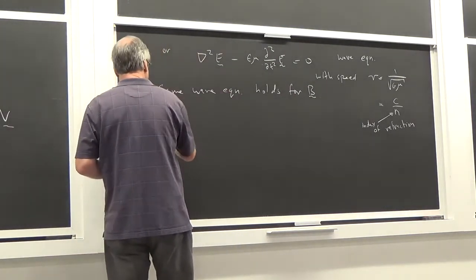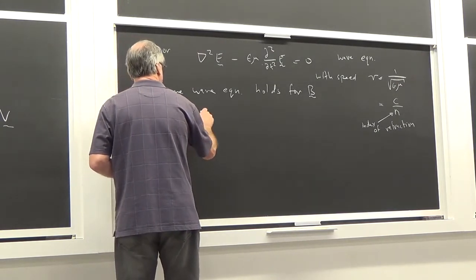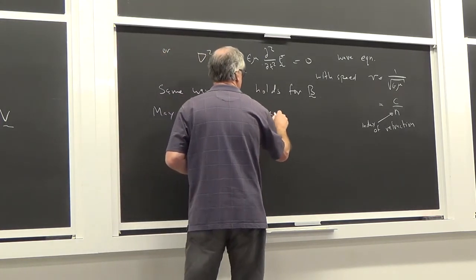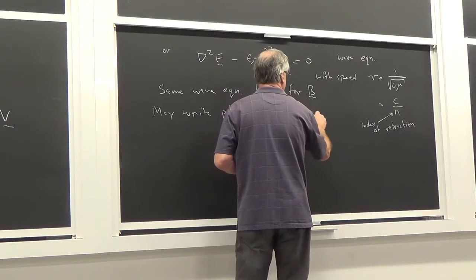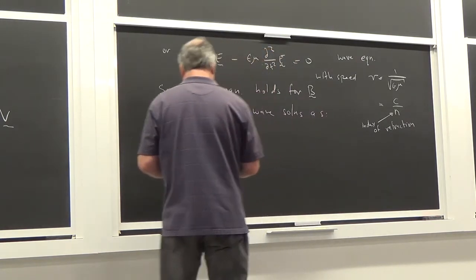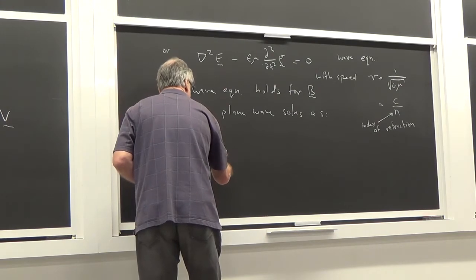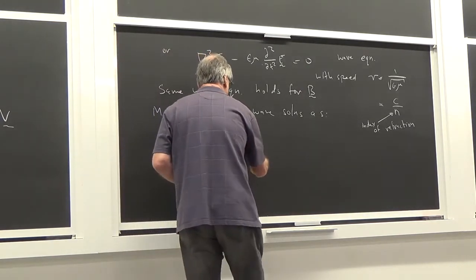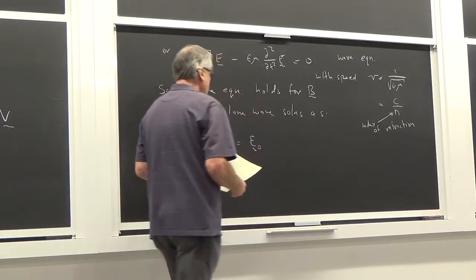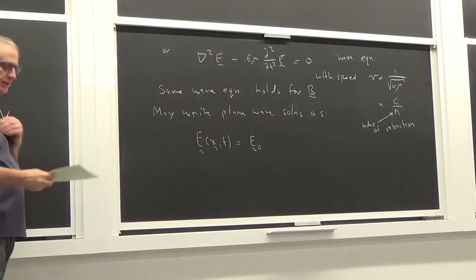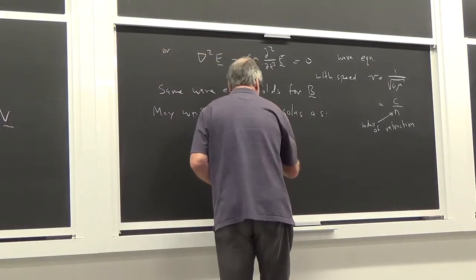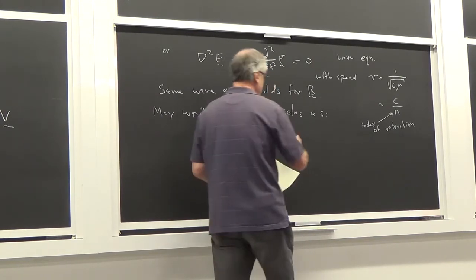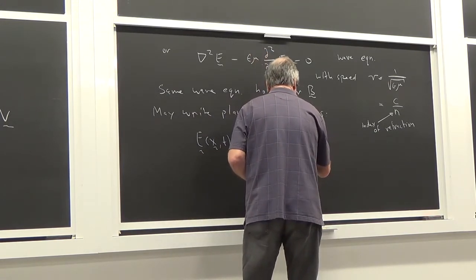And so we can write what we call the plane wave solutions to this wave equation as the electric field as a function of position and time equal to some magnitude and direction, E naught, times our phase factor, e to the i (k dot x minus omega t), where k is now a wave vector.